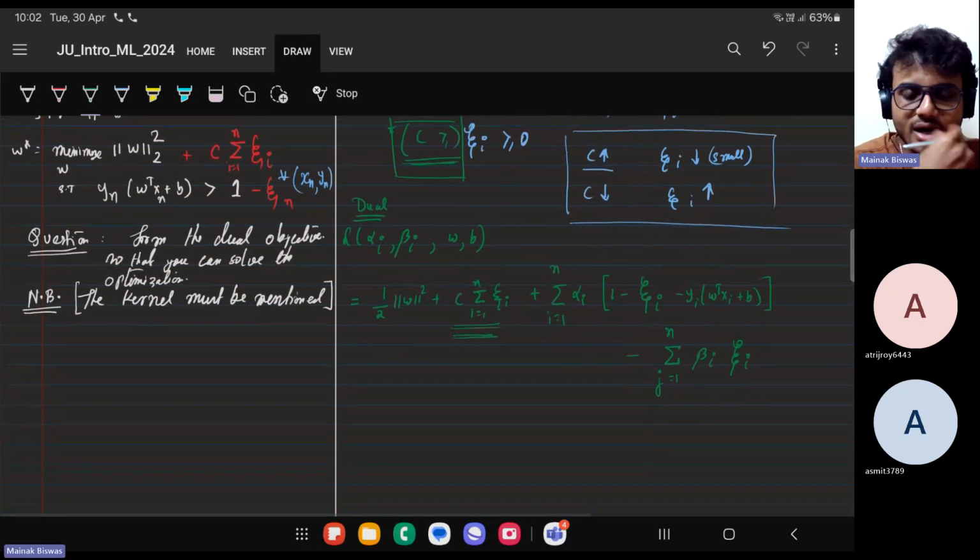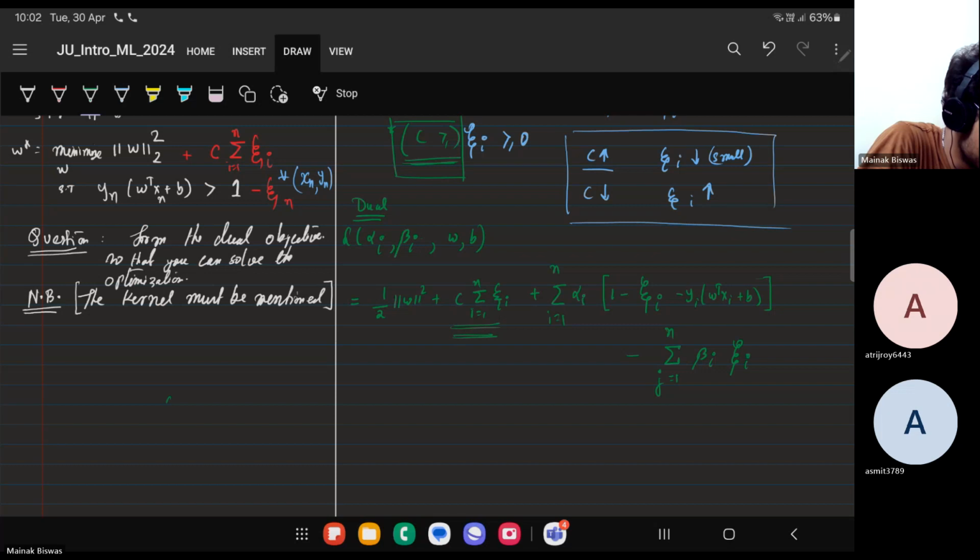Good. So that is clear. Now what will I do next step? dL/dw equal to 0. So what are the primal variables?